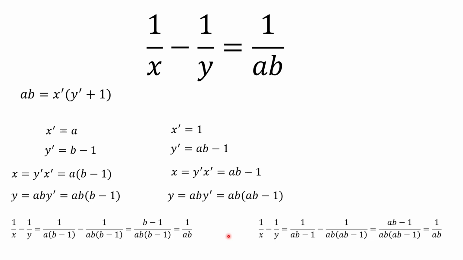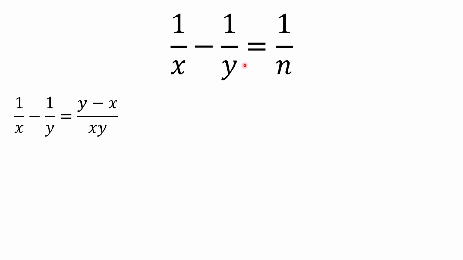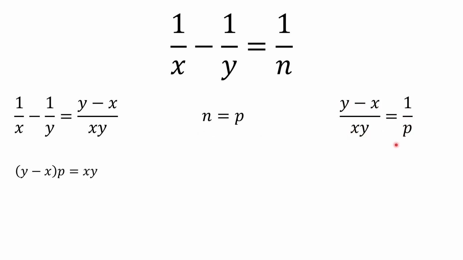But let us prove that if the number is a prime number, we will have a unique answer. So in this case, we have the main equation and we assume n is a prime number. So if n is prime number, we can replace it. Y minus x divided by xy is 1 over p. Same way, we multiply this to this to this. Because p is prime, p must be either inside x or must be inside y.